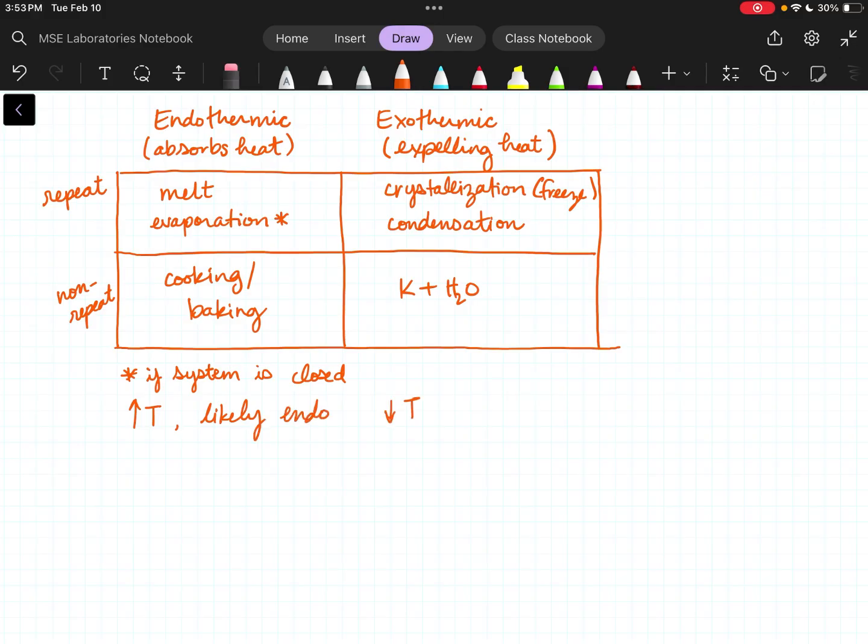If you're decreasing the temperature of the system, the reaction is likely exothermic, and that would be things like crystallization and condensation. This is a rule of thumb. This is not a blanket statement. Another rule of thumb is if you are breaking bonds, it is often exothermic. And in reverse, if you are creating bonds, it is endothermic, like baking with an egg.